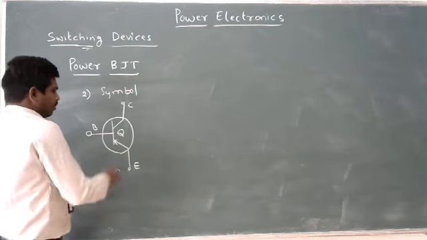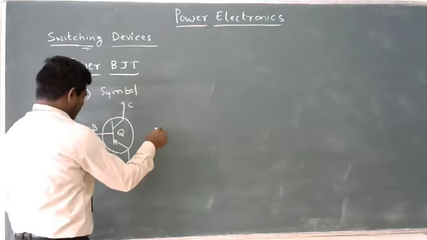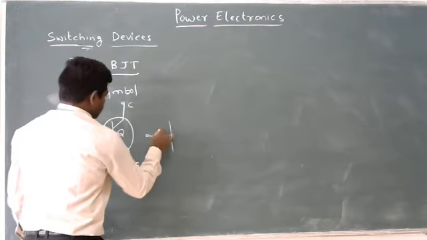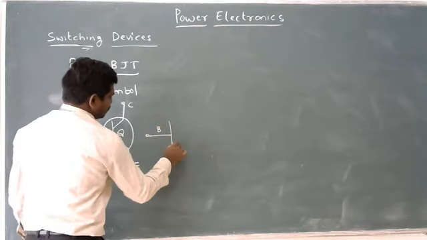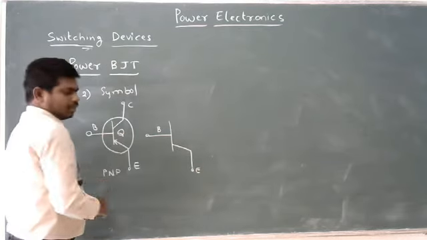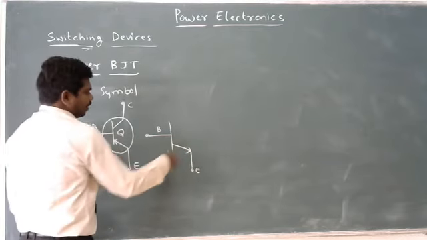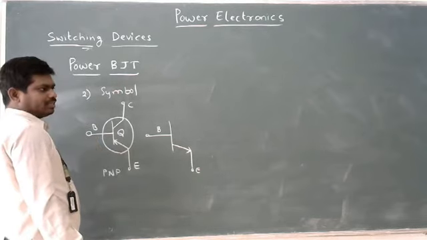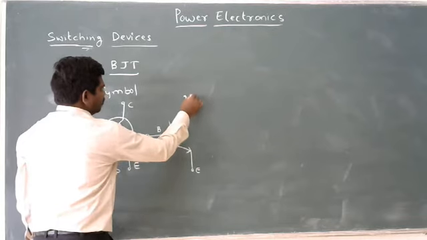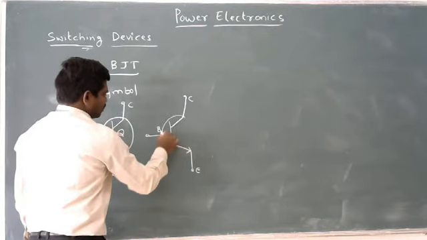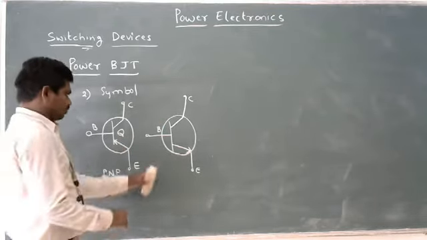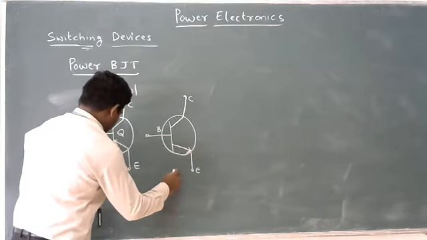Okay, then coming to the other type, this is the base, and this is the emitter terminal, and the arrow is showing outward. This is the collector. So two different types of power BJTs are available.